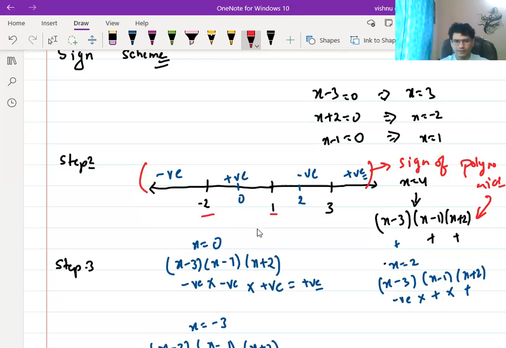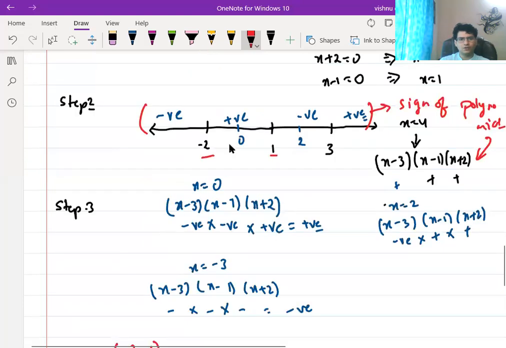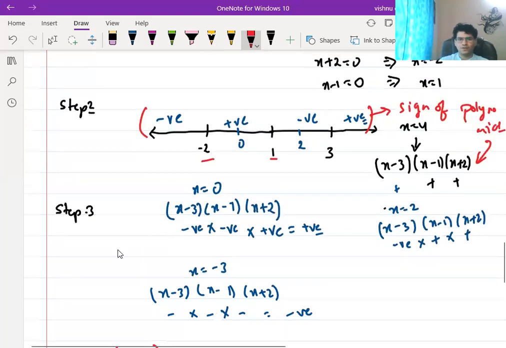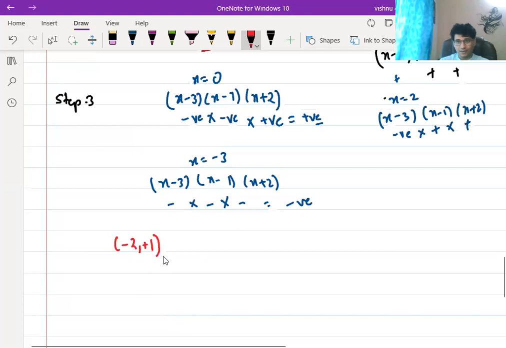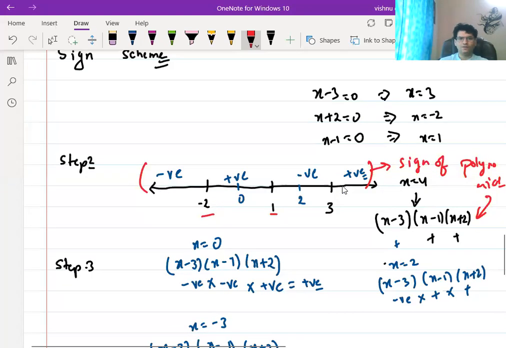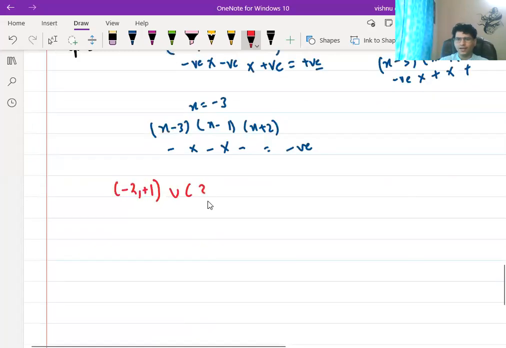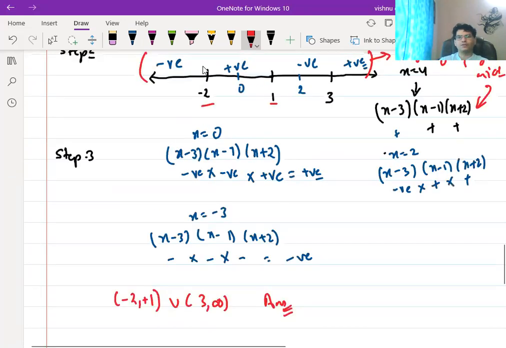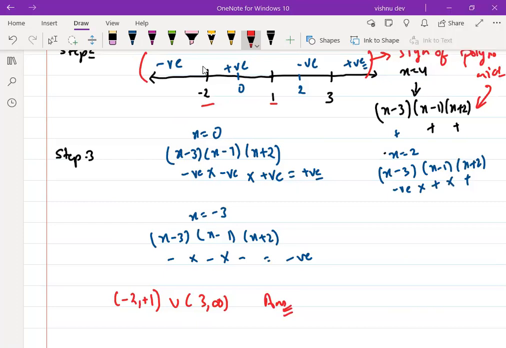Here we have two intervals, minus 2 to plus 1, that's why I'm using brackets. Remember, intervals, union with 3 to infinity. So this is the answer. Yes or no? Raise your hand. Does anyone have a doubt on this?